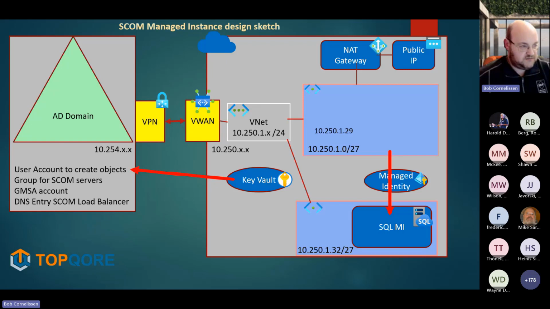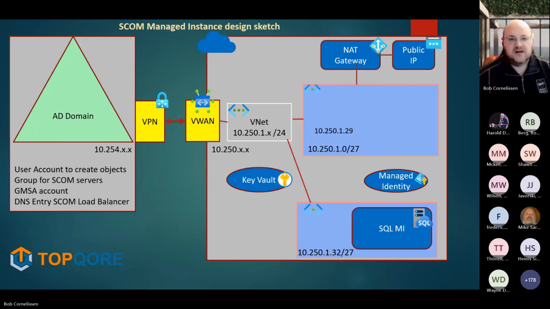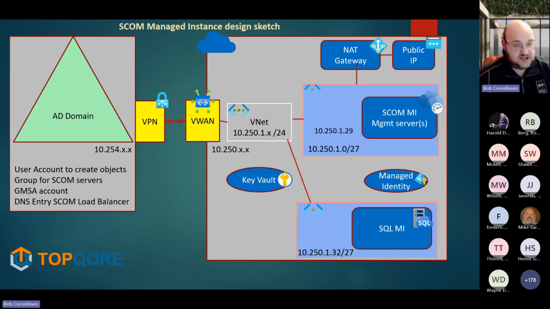So obviously we are missing one point now. This is the point where we run the SCOM MI installation wizard. This will create a virtual machine scale set with one management server in it to start with. That means we have the possibility to add more management servers of the same type.